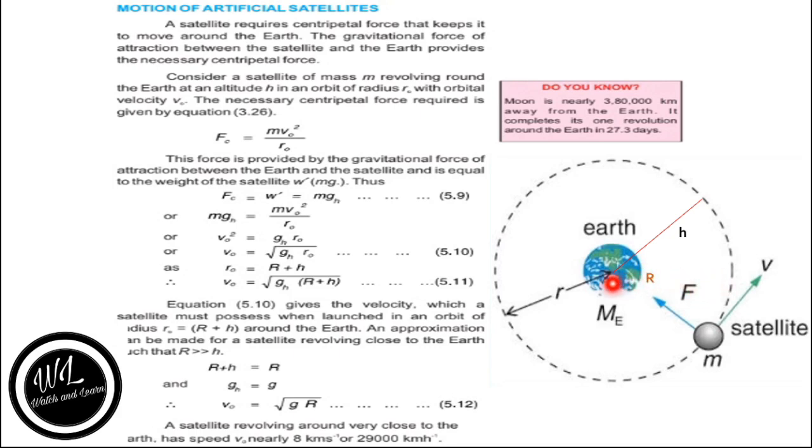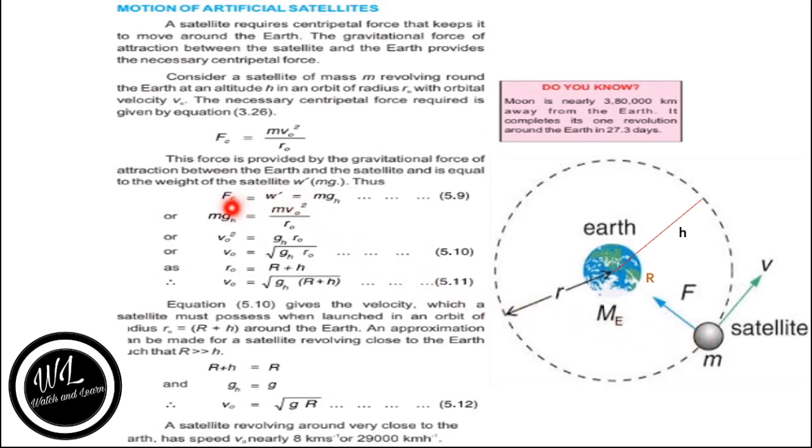Next, the weight of the satellite will be equal to mg, because the force provided by the gravitational attraction between the earth and the satellite is equal to the weight of the body. So Fc equals W equals m g h. We write g as g h because the satellite is at some height.